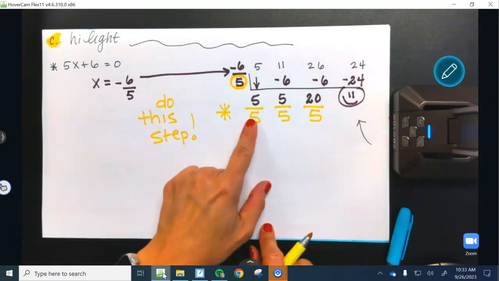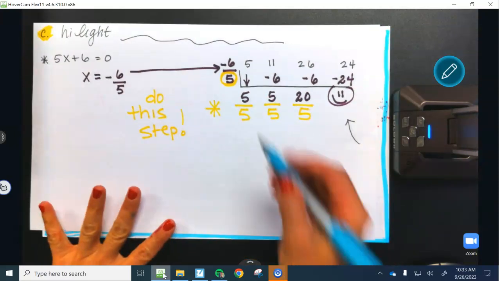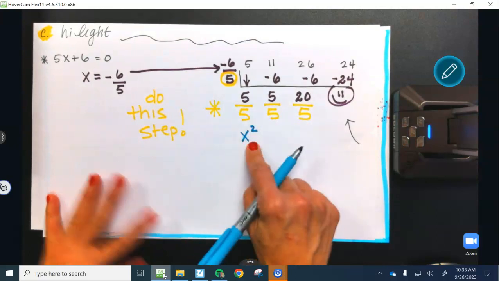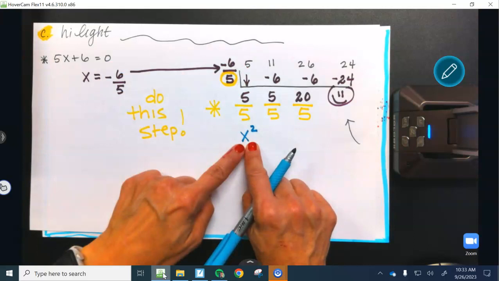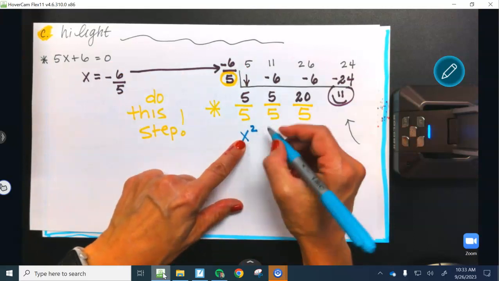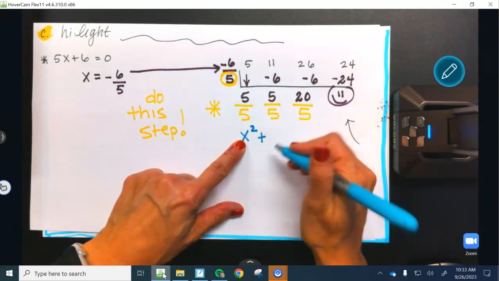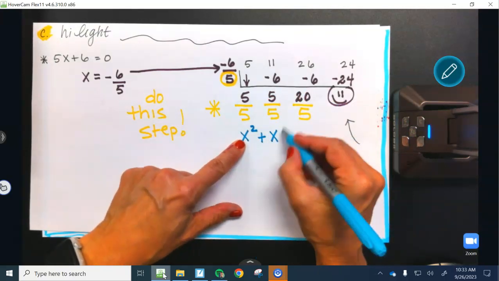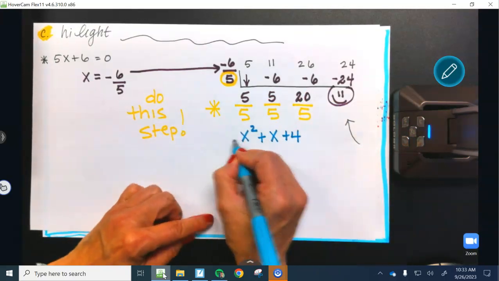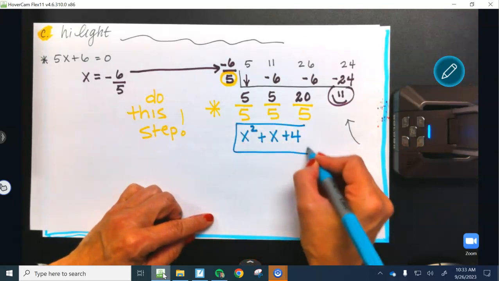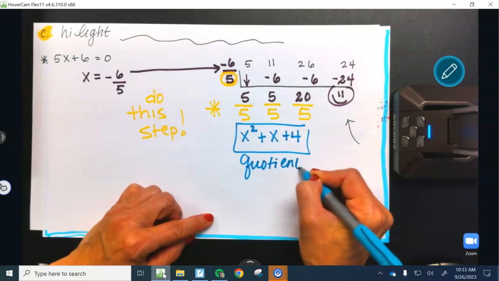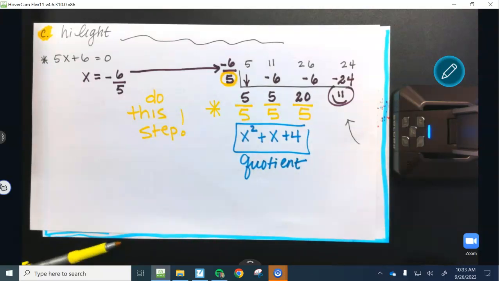Because y'all, you got to divide, because this is the quotient. 5 divided by 5 is 1. It's going to be x squared. Remember, it started to the third power. It's going to start with 1 less. 5 divided by 5 is your single x. Your constant, 20 divided by 5, is 4. This is the quotient. You got to remember to divide by 5.